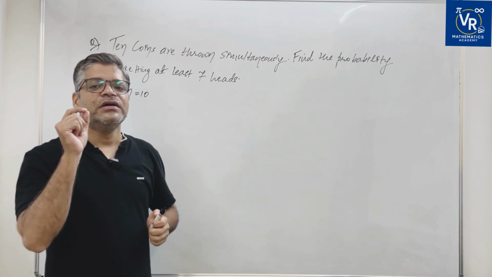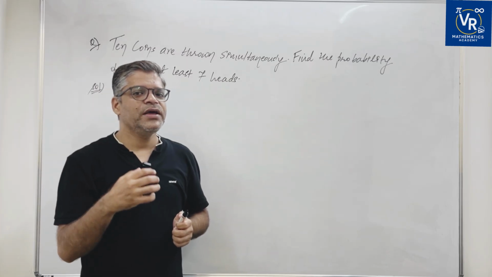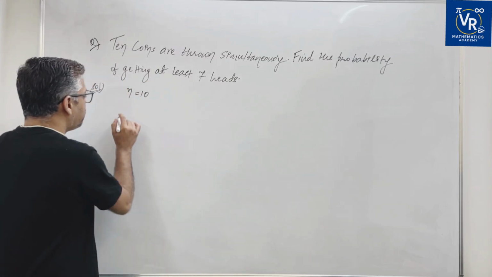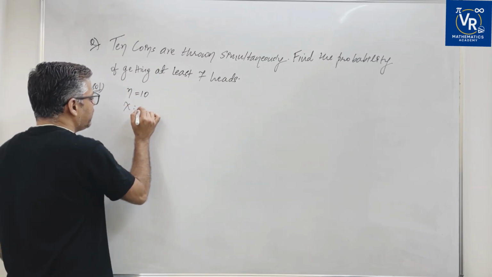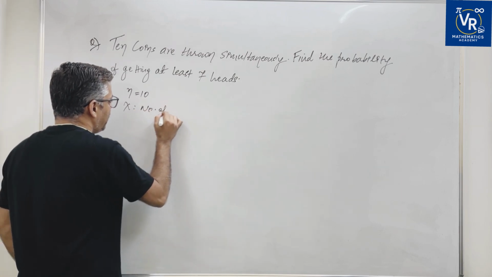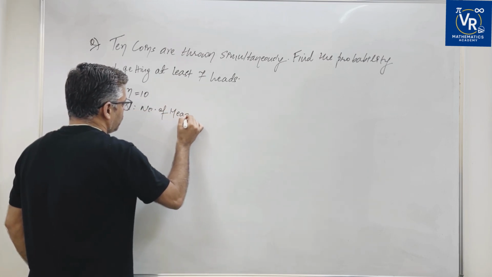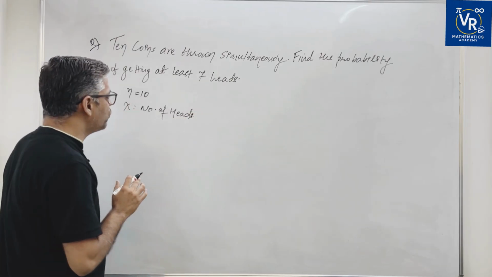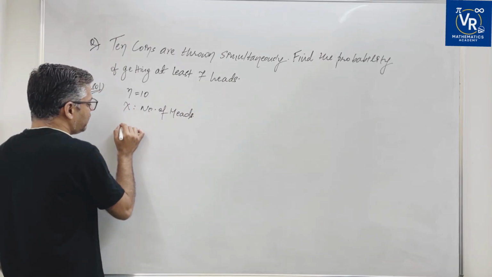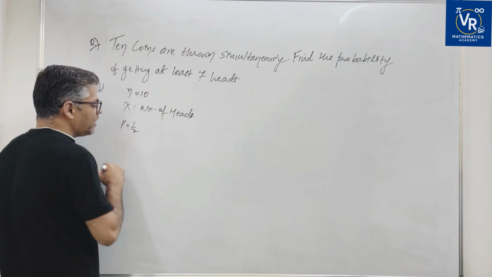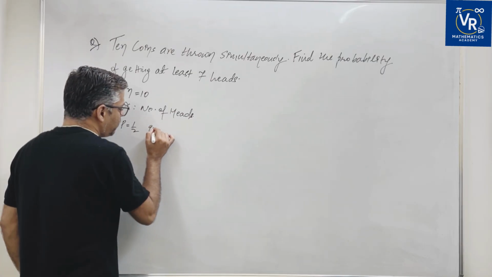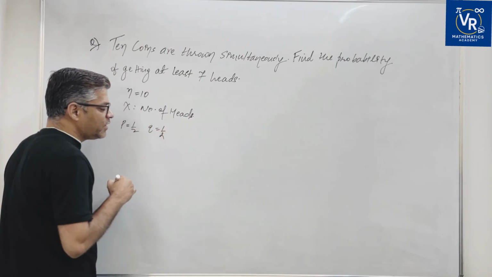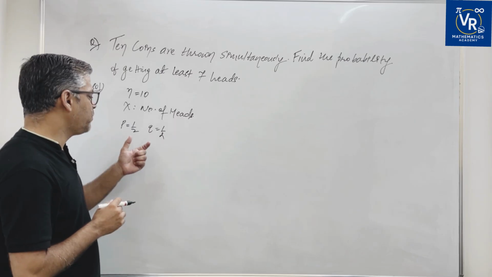The success is denoted by getting heads. The binomial variate X, we will take as the number of heads. Now, the probability of success, getting a head, is 1 by 2, and the probability of failure, that is getting a tail, is also 1 by 2.